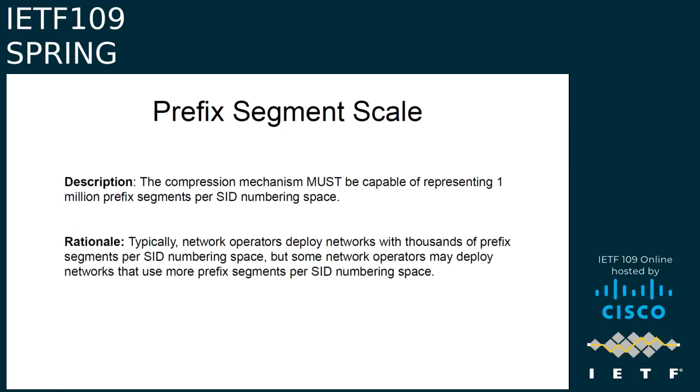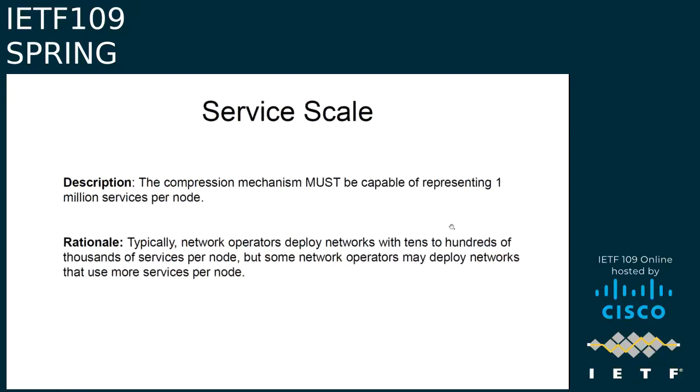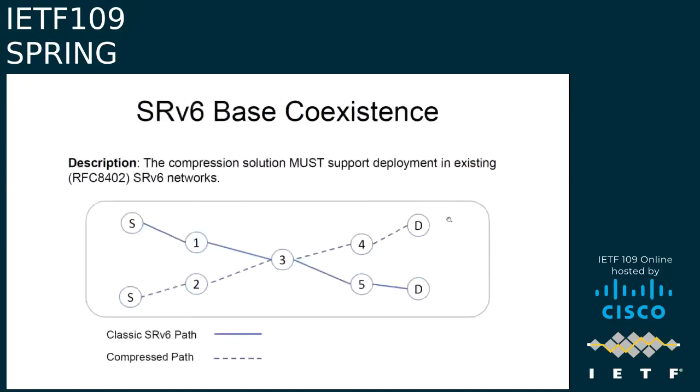But we have to meet the corner case requirement. Next. For the service scale, similar to the other two, the compression mechanism must be capable of representing 1 million services per node. Next page.